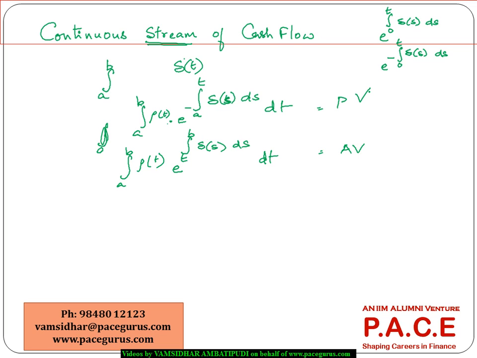We'll take up the numericals on all these aspects and then try to understand how we use the integration effectively to compute the accumulated value as well as the present value in these cases. Alright, so let's get started into the numericals on this front.